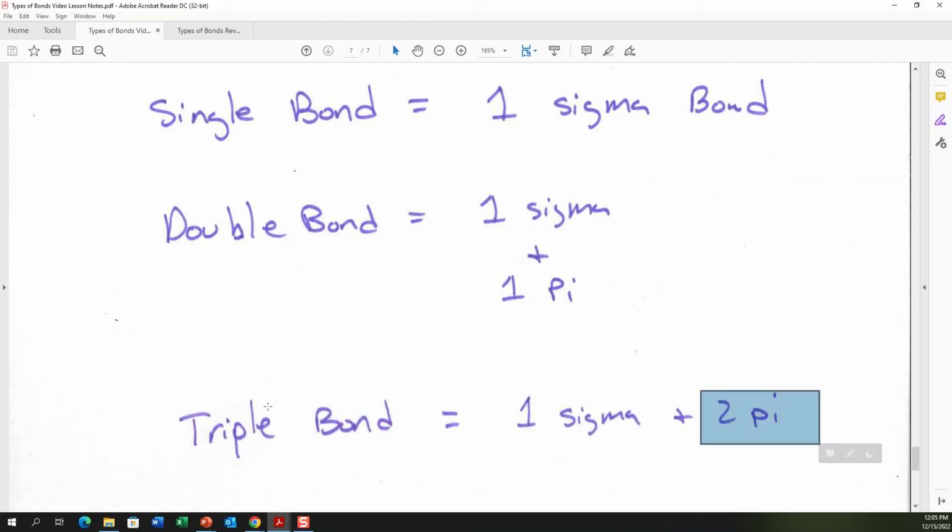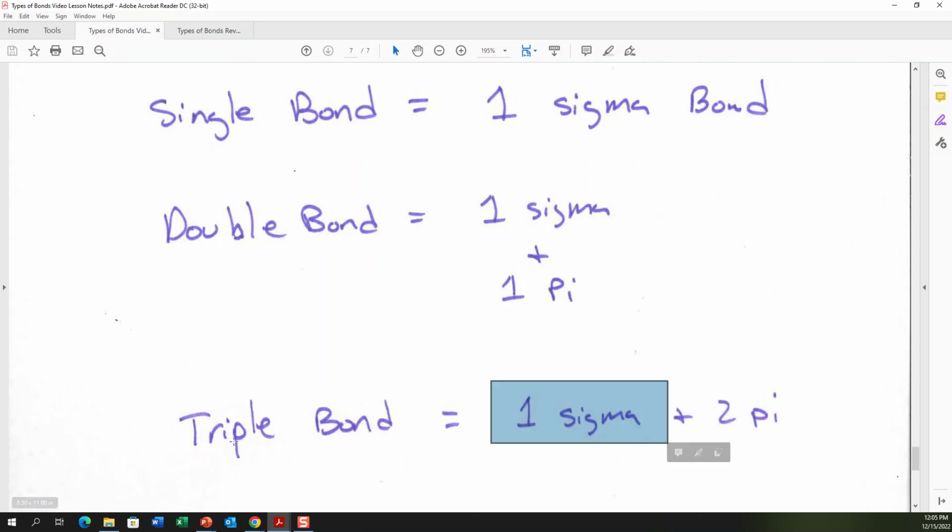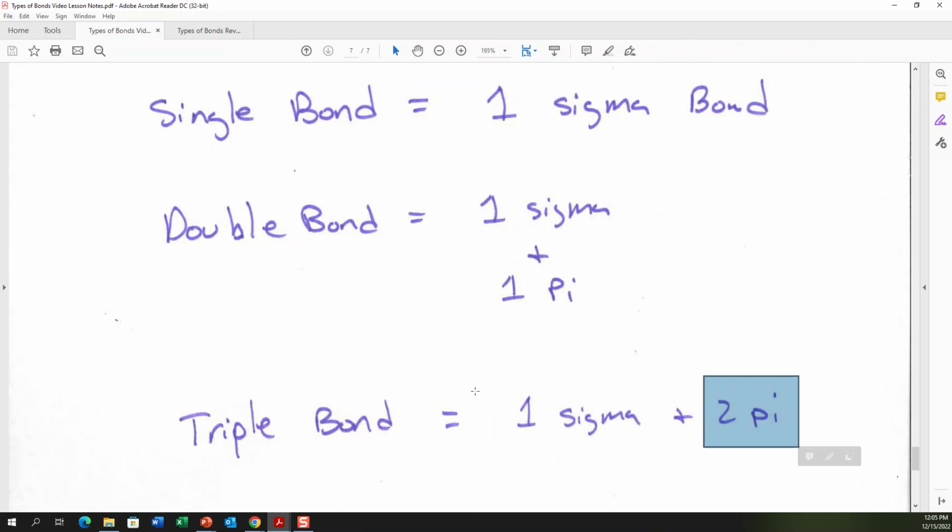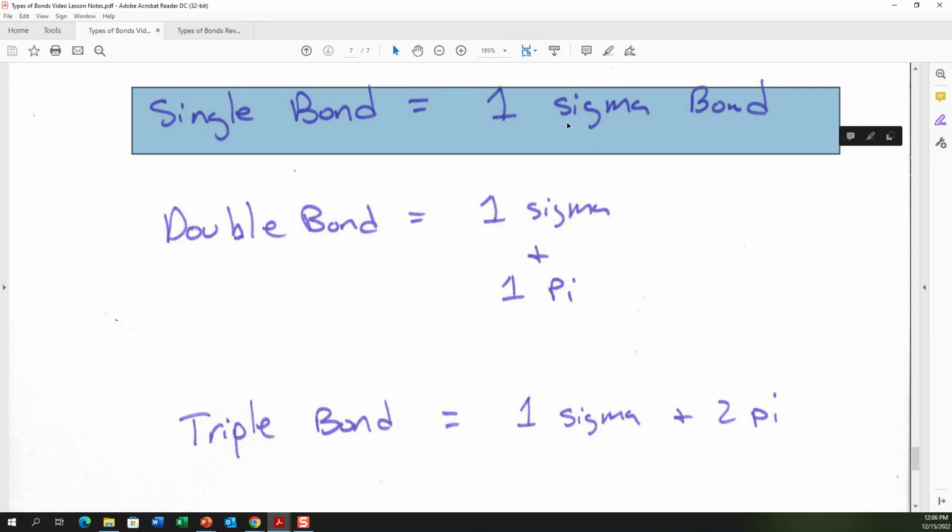So when you have a triple bond, one of those bonds is a sigma bond, but the other two bonds are called pi bonds. And that's really all you need to do, is be able to look at a structure and count how many sigmas there are and how many pi's there are. Okay? So understand, you only get pi bonds once you have a double or a triple bond. If all you have are single bonds, then all you have are sigma bonds.